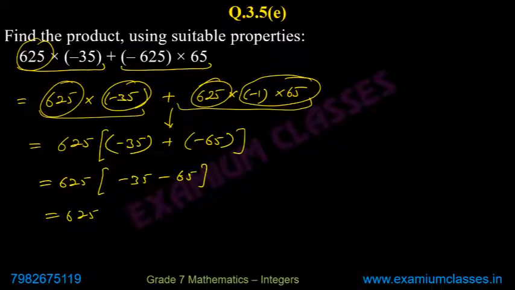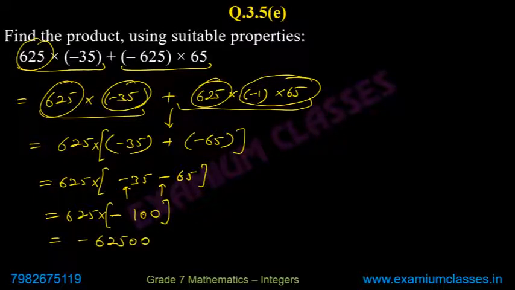Both have a negative sign, it means they will get added up. 35 plus 65 is 100, with the same sign. Sign is negative. It means 625 multiplied by minus 100. So remember the bracket as multiplication. Or you can write 625 explicitly with a multiplication sign so that you don't make a mistake. Means minus 62500. Distributive property.